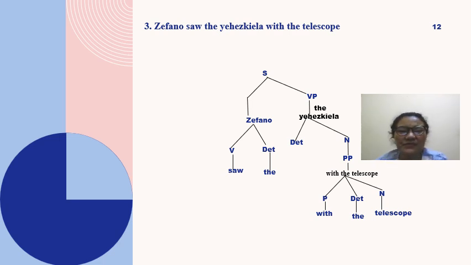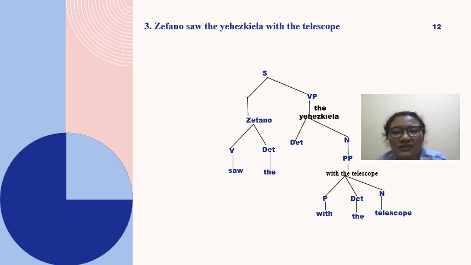So on the right, Stefano is the noun phrase, and saw is a verb, and the determiner is the. Sorry, I forgot to write the noun phrase here.